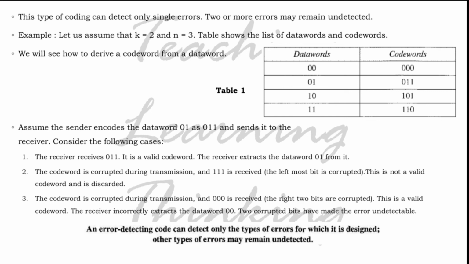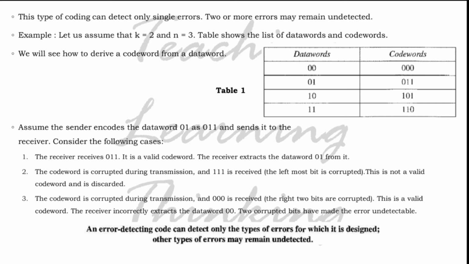Consider the following cases. The receiver receives 011, which is a valid code word, and the receiver extracts the data word 01 from it. The code word is corrupted during transmission and 111 is received. The leftmost bit is corrupted, and this is not a valid code word, so it is discarded. Next, the code word is corrupted during transmission and 000 is received.